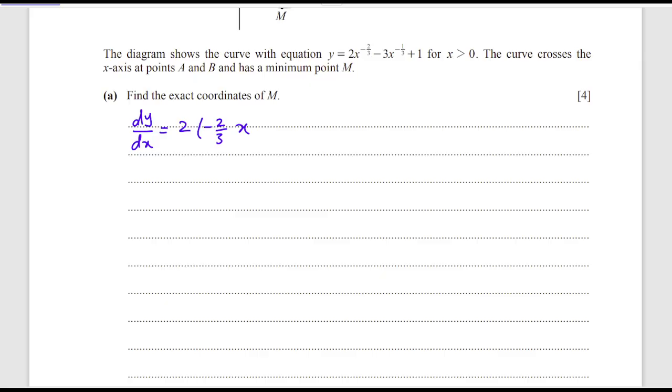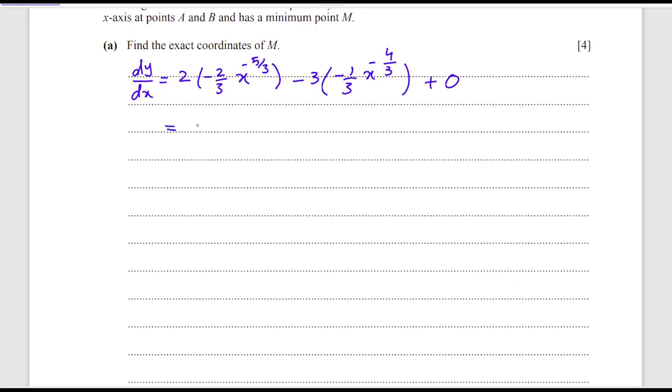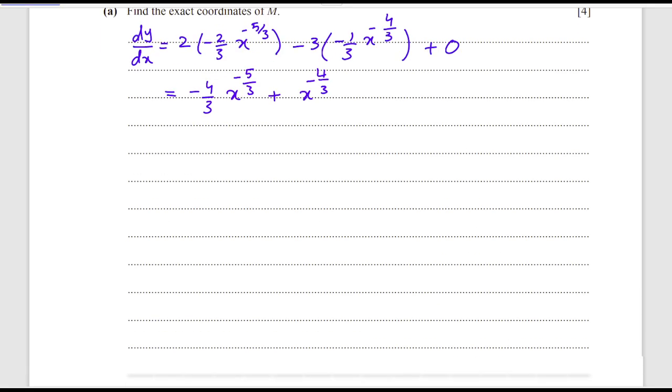Use your calculator to avoid careless mistakes, which gives minus 5 over 3. Then minus 3 times, again multiply by the power and subtract 1 from the power, this is minus 4 over 3, plus the derivative of 1, which is 0 because 1 is a constant. Simplifying, this equals minus 4 over 3 x to the power minus 5 over 3, plus x to the power minus 4 over 3.